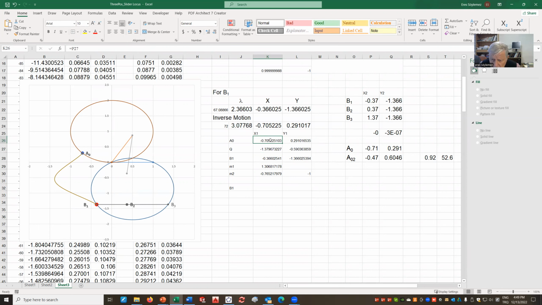And that is equal to Q plus 3 times cosine of this angle. Now it shouldn't be a problem. Is equal to Y value of Q plus 3 times sine of this angle.